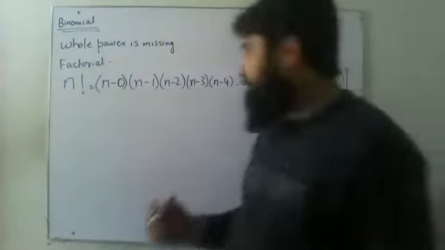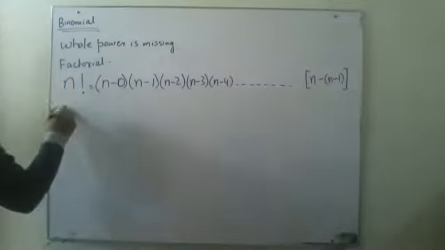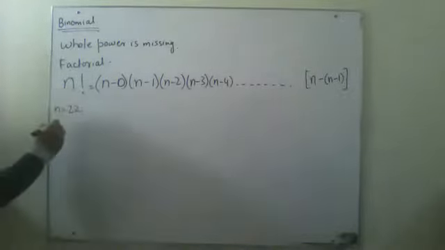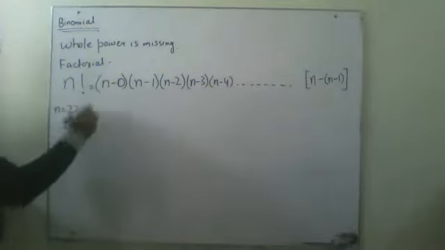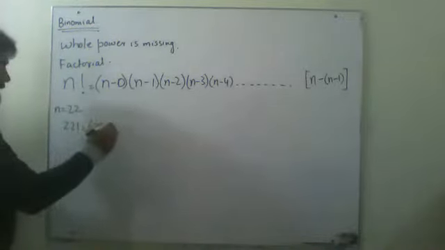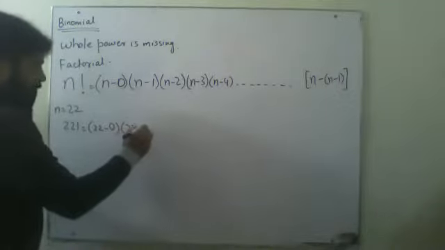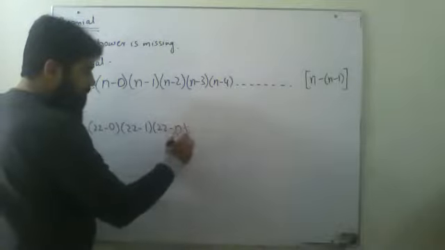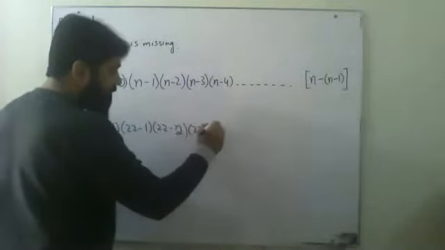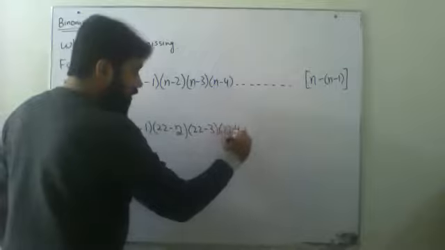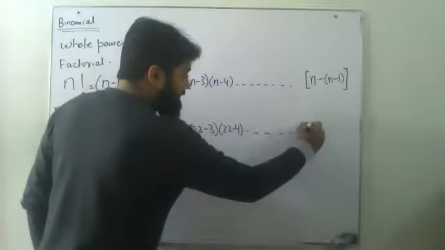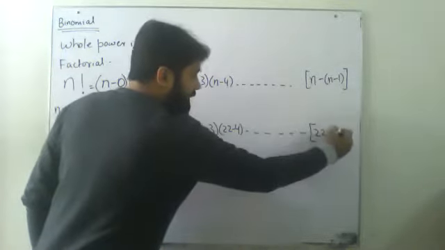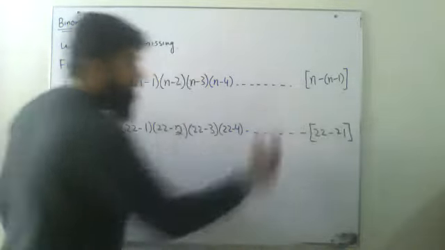Now, for instance, if I am saying that the value of n was 22. So what will happen? This will become 22 factorial. This will be 22 minus 0, 22 minus 1, 22 minus 2, 22 minus 3, 22 minus 4, until the last one will be 22 minus 1, which will become 21.